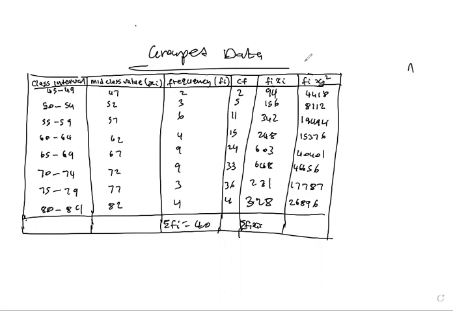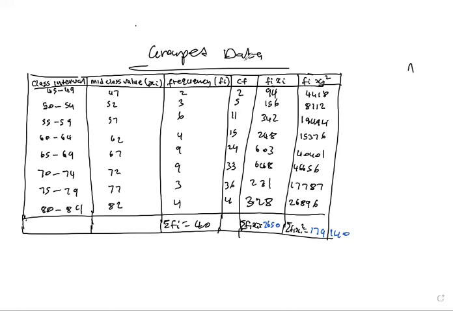This gives you 2,650. Okay, so we get the summation in the last column of fi xi squared. So this gives us 179,140. So that's what you get.